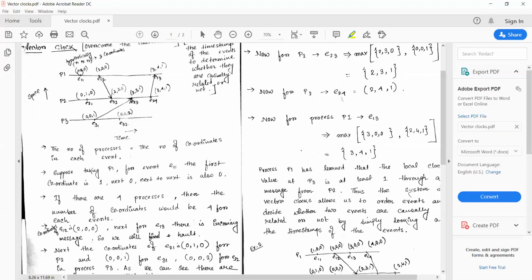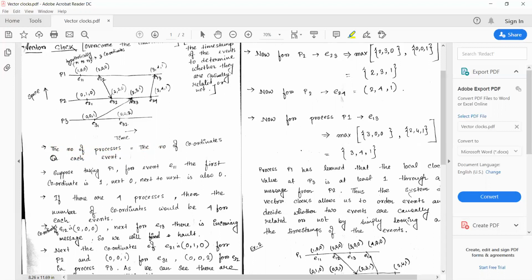How many coordinates will we take for each event? That will be equal to the number of processes. Here there are 3 processes, so 3 coordinates are taken for each event. The number of processes equals the number of coordinates of each event.